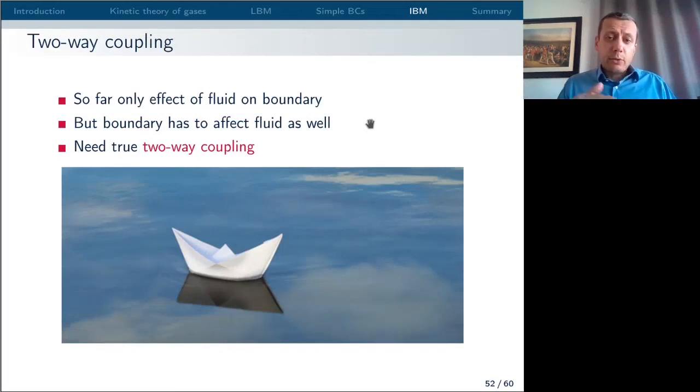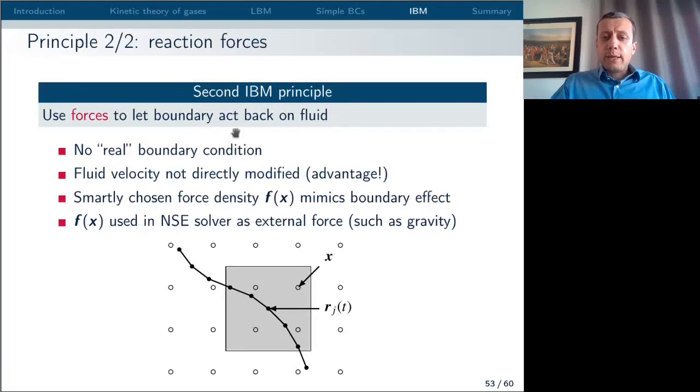In that case, we would not impose anything on the flow, right? If the flow is just deforming our boundary, but the boundary has no way of telling the flow to behave differently, and this is what a boundary does, then this is pointless. We don't just have a paper ship moving along with the water. A proper ship would also deform the water, right? So we need a two-way coupling.